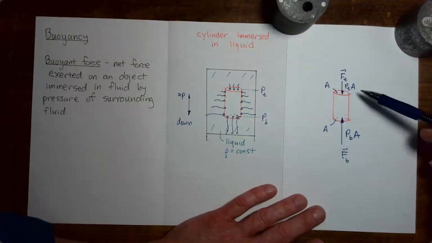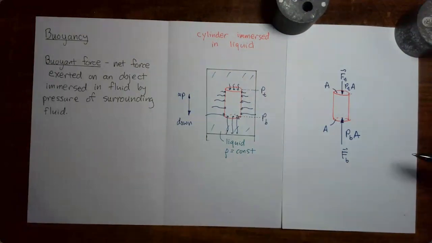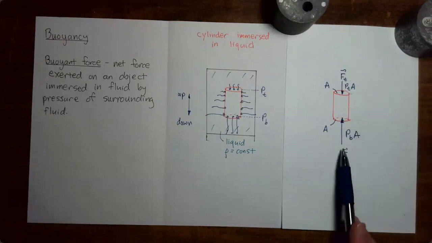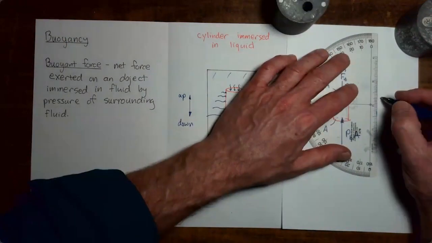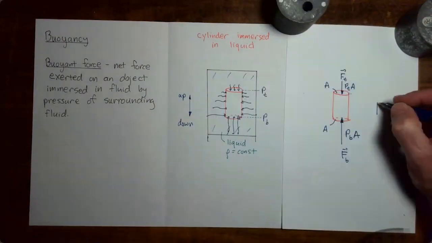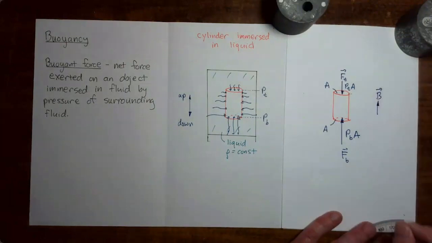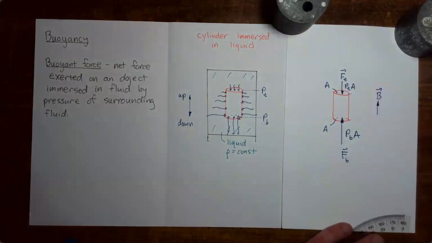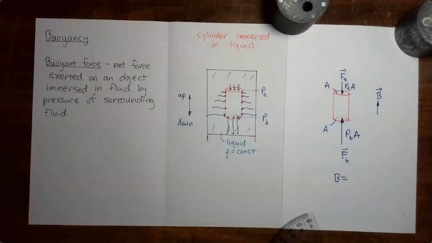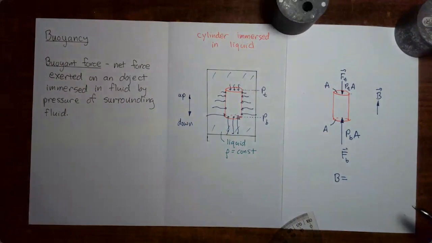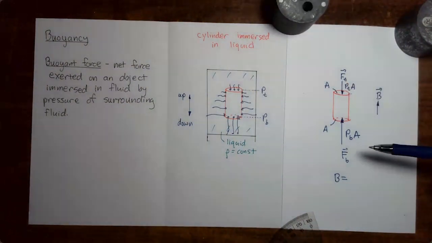What then would be the buoyant force, or in other words, the net force that the fluid pressure exerts on the cylinder? Well, that buoyant force would be the vector sum of the force on top and the force on the bottom. Now, since that force on the bottom is stronger, can you see that the net force would be up? So our buoyancy force, the net force exerted by the surrounding fluid pressure, would be up. Now, what would be the magnitude of the buoyant force? Well, the buoyant force is a combination of a stronger upward force and a weaker downward force.